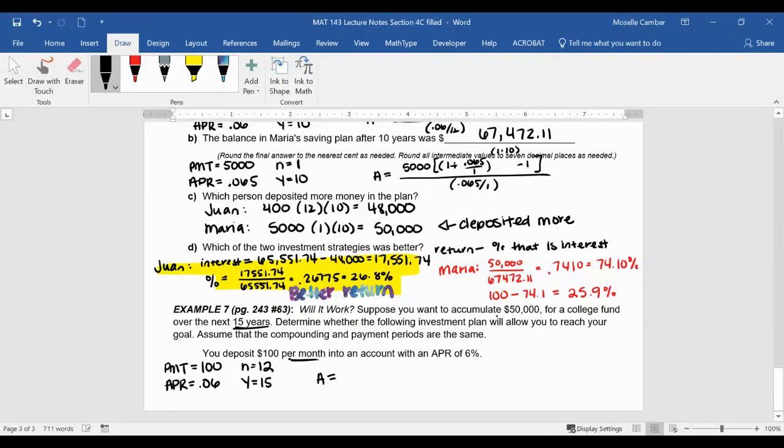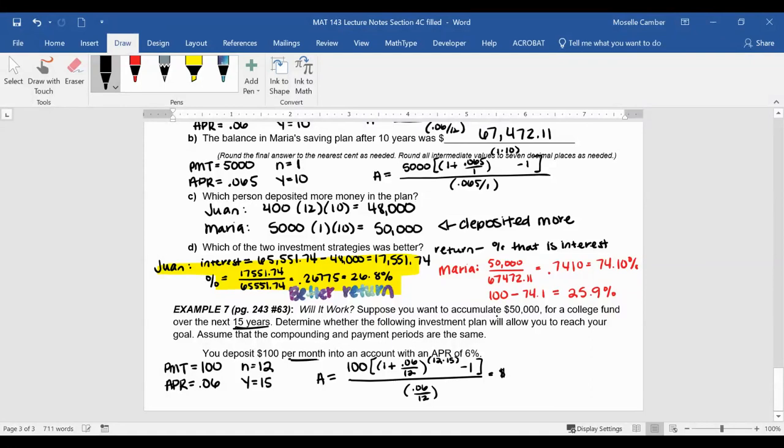Okay, so check my balance. We have $100 a month. So 1 plus my rate divided by my N, raised to my N times my Y, subtract 1, all over APR divided by N.